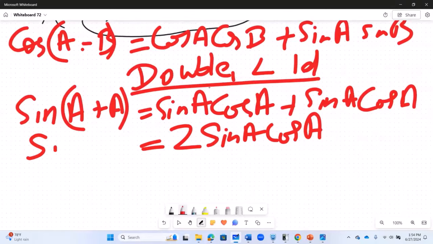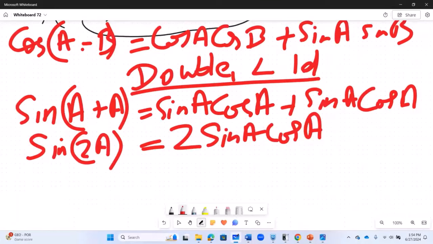This is exactly the same thing as sine 2A. So anytime you are told to show, then all you need to do is use the double angle identity. Okay, so sine 2A is the same as 2 sine A cos A.